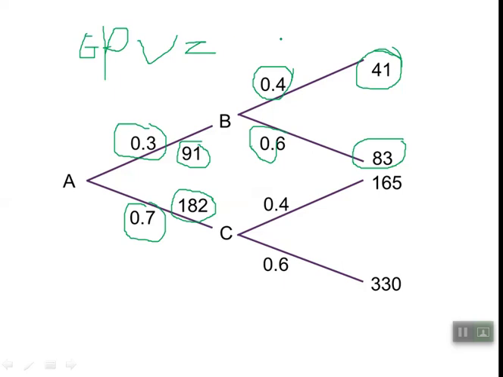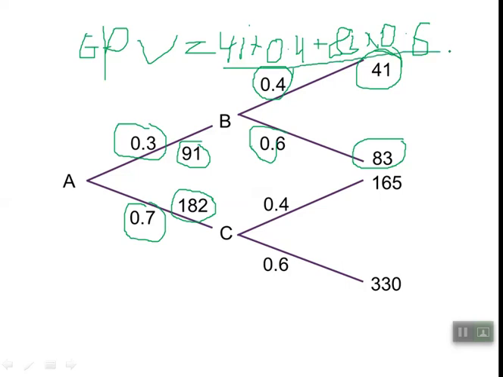It will be 41 times 0.4 plus 83 times 0.6. So in this case, if you get this one, it gives you the cash flows at this point.